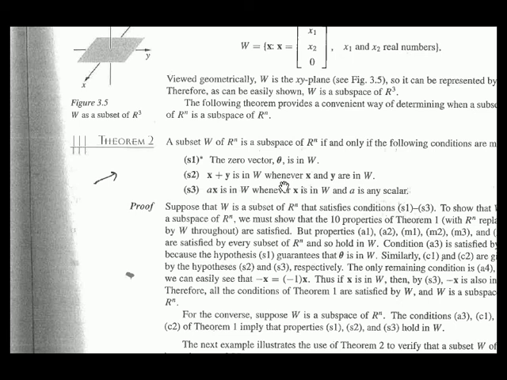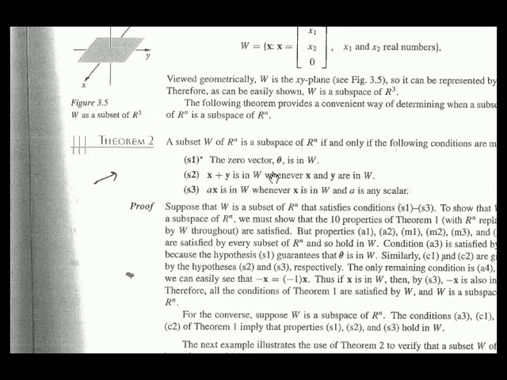So basically in R3 we'll see that the origin by itself is a subspace of dimension 0, because add two origins together, you still get the origin, multiply by a constant, you're still the origin. So that's a 0-dimensional subspace. Any line through the origin is closed with respect to scalar multiplication and vector addition, like the x-axis, so any other line through the origin is a dimension 1 subspace.